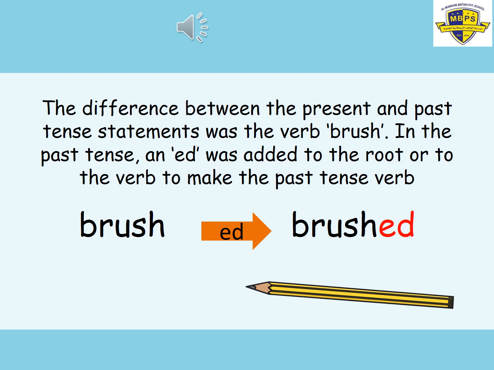As you see here, brush. The verb was brush. But when we change the sentence to the past tense, we should add an ed at the end of the verb. Brush will be brushed in the past. Brush is in the present, brushed in the past.